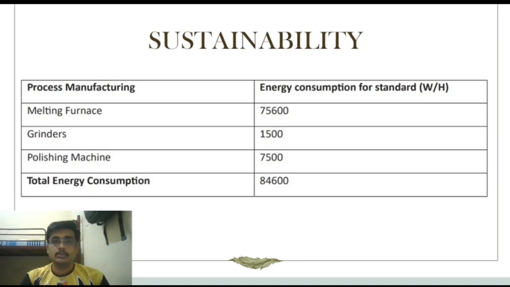Each machine has its own individual energy consumption level. The melting furnace has an energy consumption of 75,600 watt per hour. The grinders have 1,500 watt per hour. The polishing machine uses 7,500 watt per hour. So the total energy consumption of the three manufacturing machines is 84,600 watts per hour.